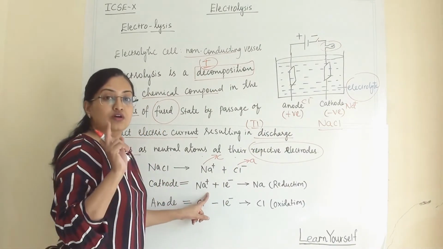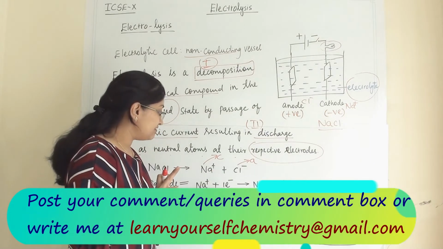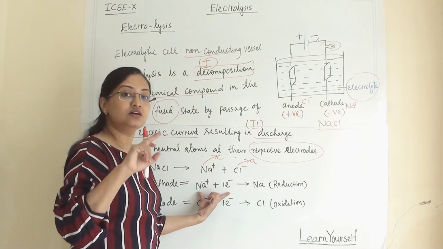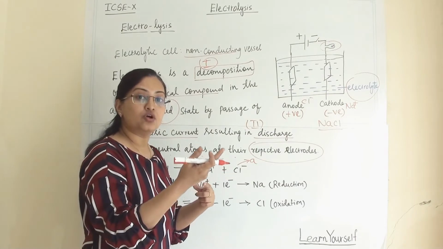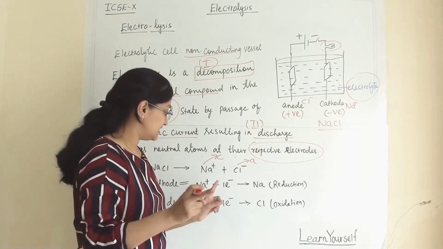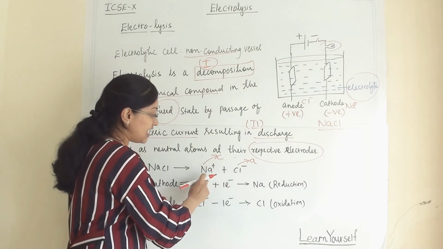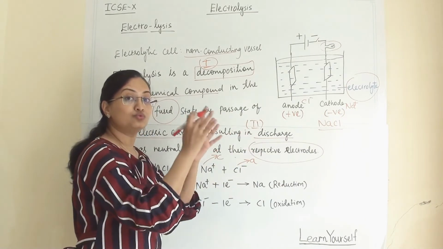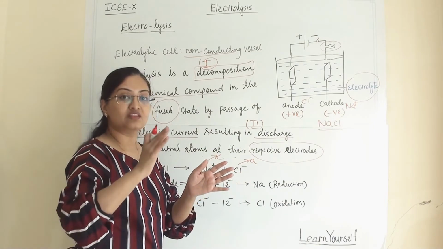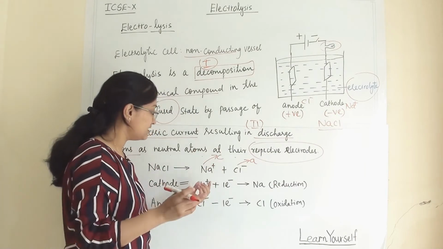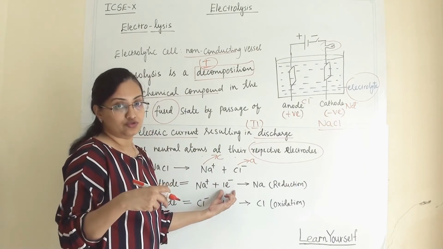If you remember, in the second chapter on chemical bonding, we wrote this reaction in the opposite direction, that Na will give one electron and become Na plus. Here the reverse reaction is happening, the ions are already there. Now those ions move towards their respective electrodes and get back the electrons.